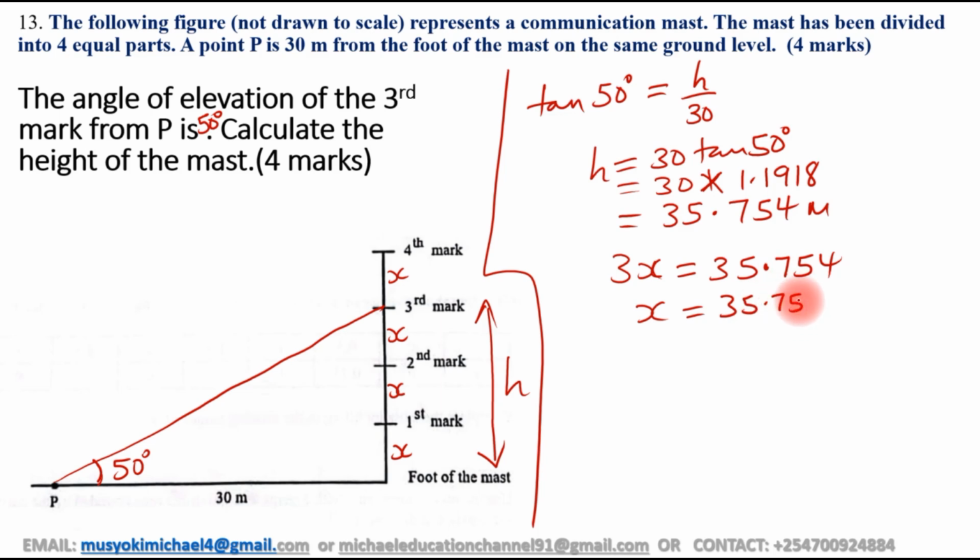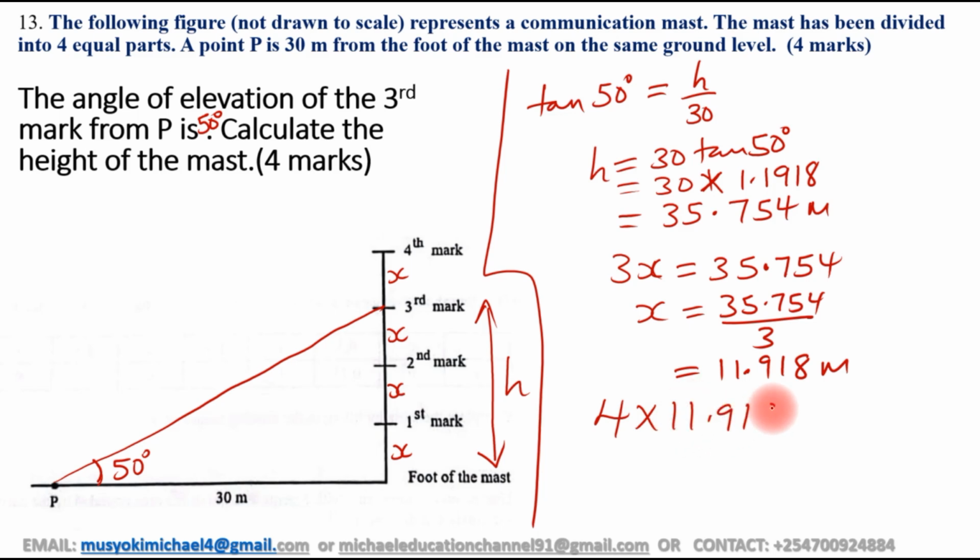Therefore, x will be equal to 35.754 divided by 3, and if we divide by 3, we get 11.918 meters.